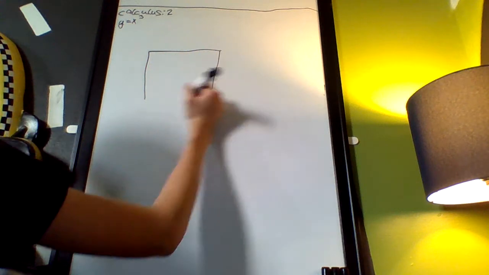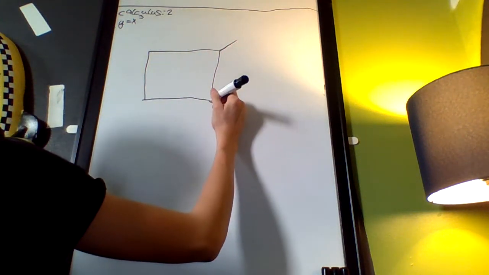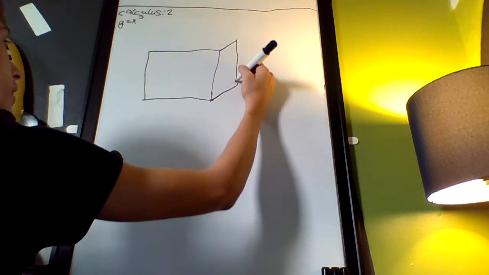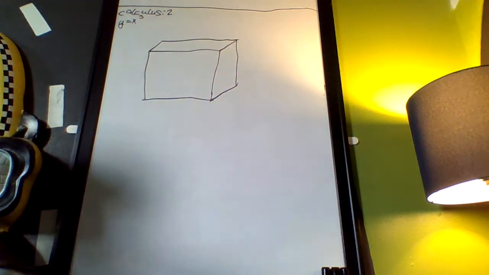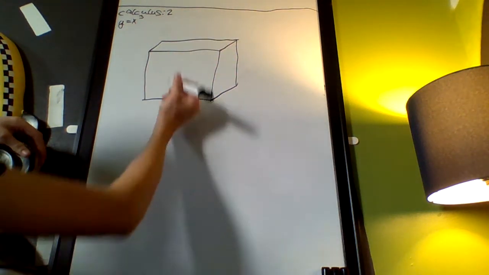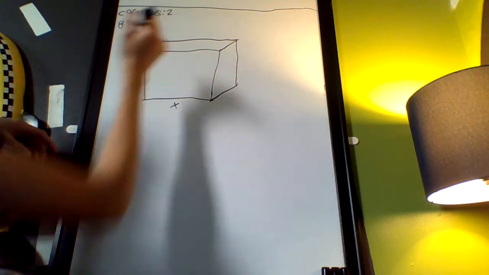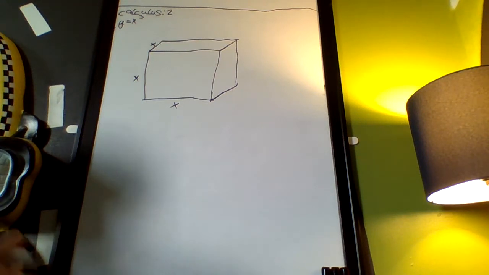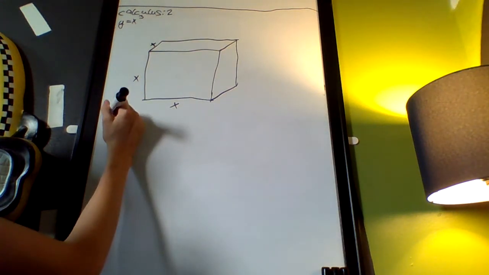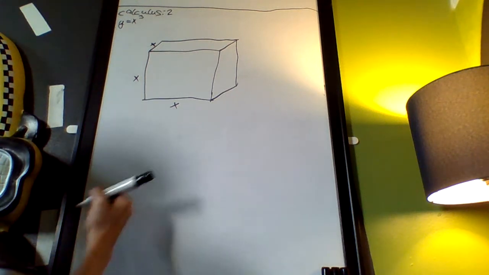Right here is one face of the cube. Go back, create another face of the cube. Right there, we have our cube. It's an x by x by x cube. Now, the volume of this cube, y I'll call it, is going to be x cubed.